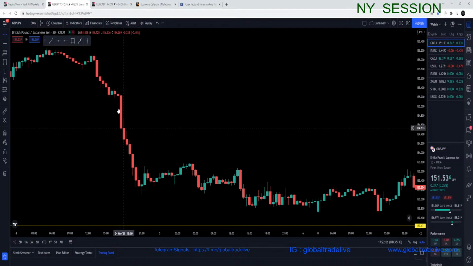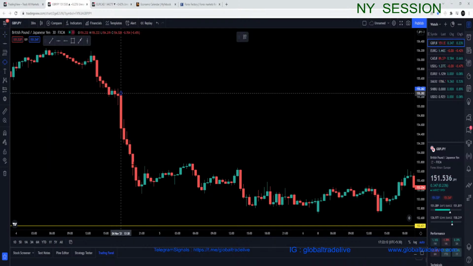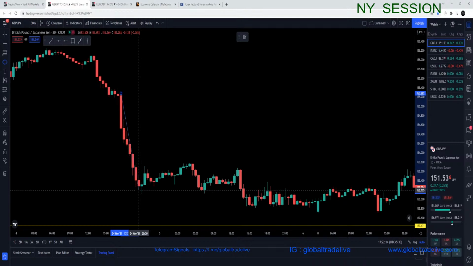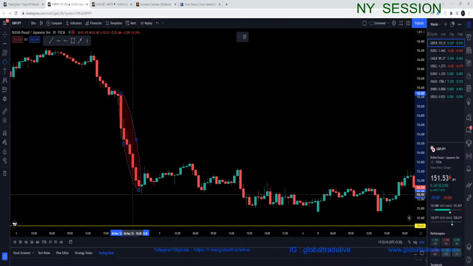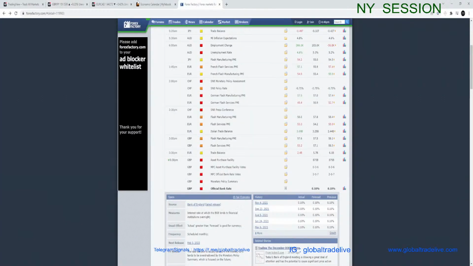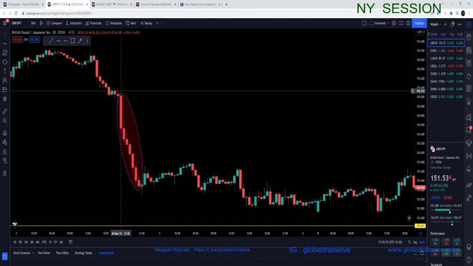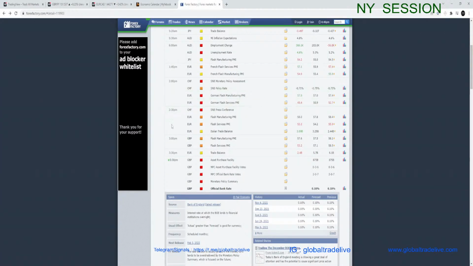Okay, this was the candle over here. So from here to here, this was the news impact on November 4, and look here, the candle went down with no wick on the top, straight down when the news came in.